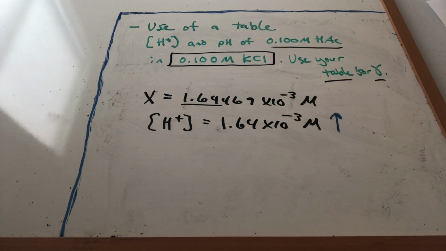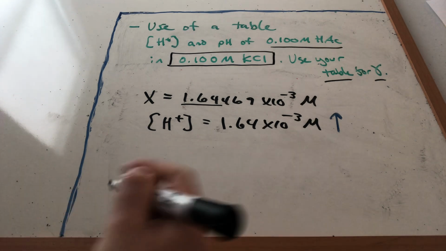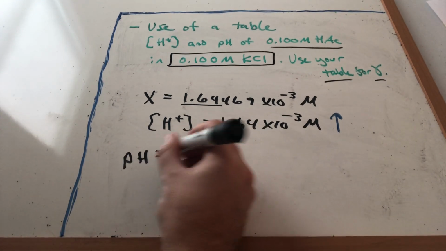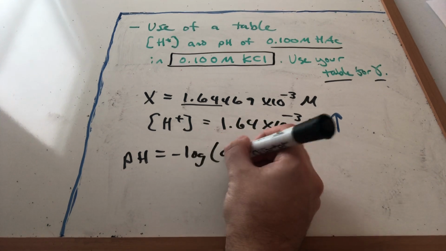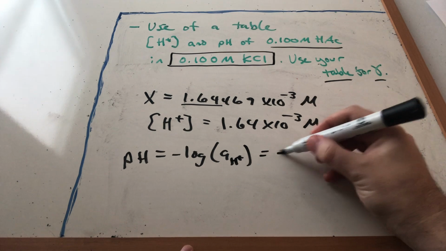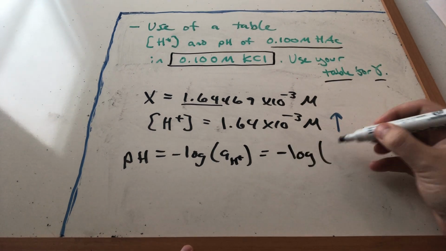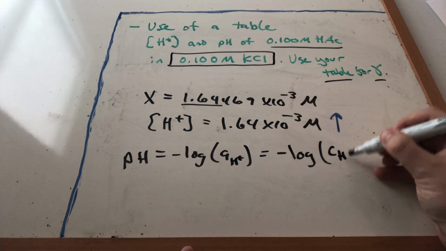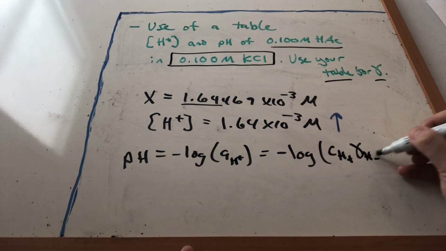Now we still have to check pH. Just because we get more H plus doesn't mean that we have a higher pH, because we know that pH depends on activity. So let's do pH as the negative log of the activity of our H plus, which again is going to look like the negative log of our concentration of H plus and gamma for H plus.